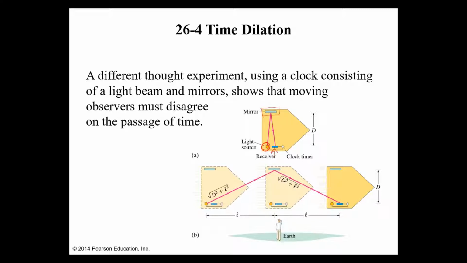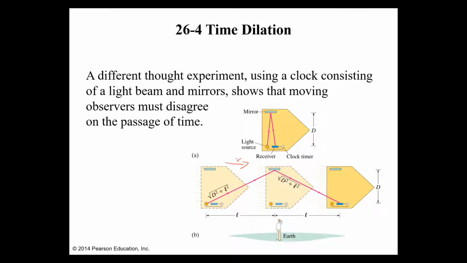And then you have a clock timer that records that amount of time. We're going to use this clock in two scenarios. In the top, you just see that clock holding still. But on the bottom, that clock is now moving forward at some velocity v.